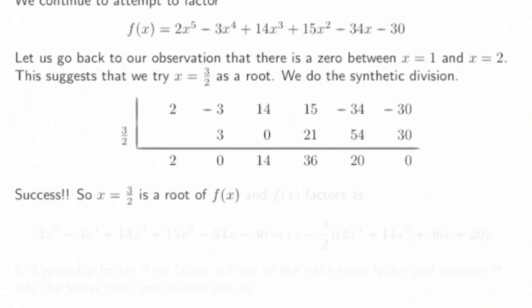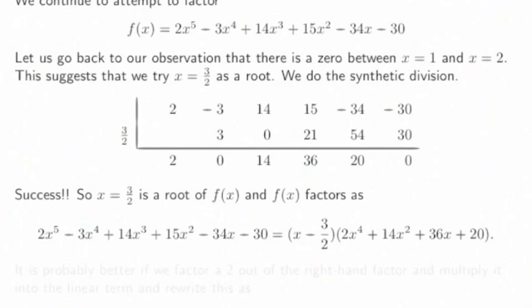So x equals 3 halves is a root of f of x, and in fact f of x factors as, reading off from the bottom row, x minus 3 halves times 2x to the fourth plus 0x cubed plus 14x squared plus 36x plus 20. Notice that we've found this linear factor x minus 3 halves, and then what's left as a factor involves multiples of 2.